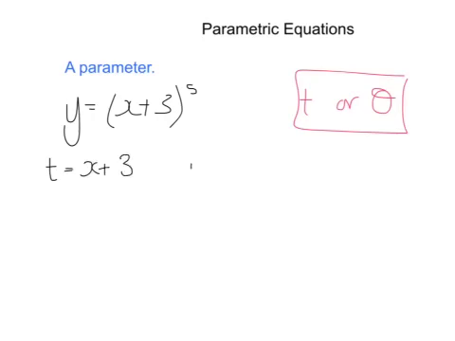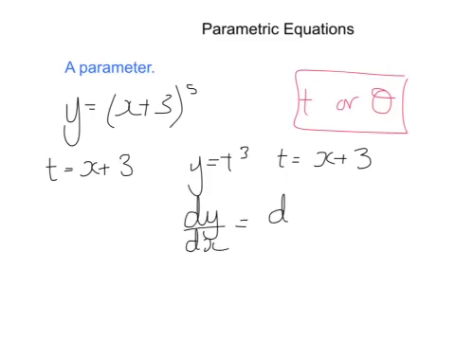So we would set y equal to t cubed, where t is equal to x plus 3. You'd then be able to differentiate each part of those and then use the fact that dy by dx was dy by dt multiplied by dt by dx. So without even knowing it, this seemingly big and slightly scary thing of parametric equations you've actually been using since C3.